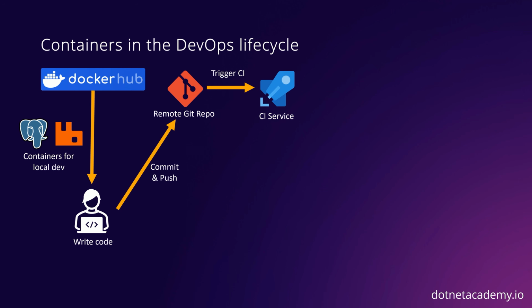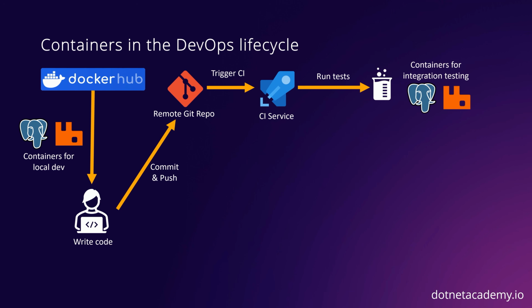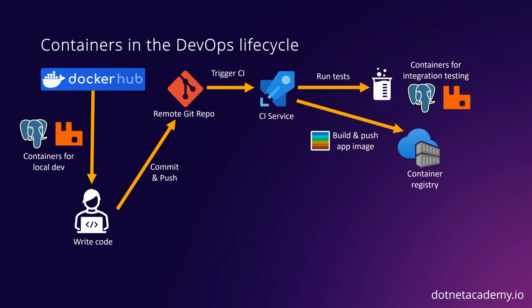This automated pipeline can build the code and run not just unit tests, but comprehensive integration tests that can use the same containers used for local development, so that the app can be tested with real external dependencies that can be started clean and destroyed in seconds. When all tests pass, the CI service can build a container image for the application and push it to a container registry in any cloud provider, which gets everything ready for the deployment stage.